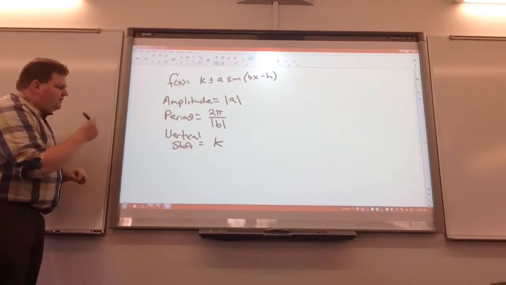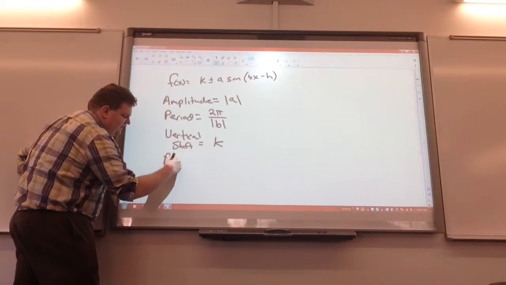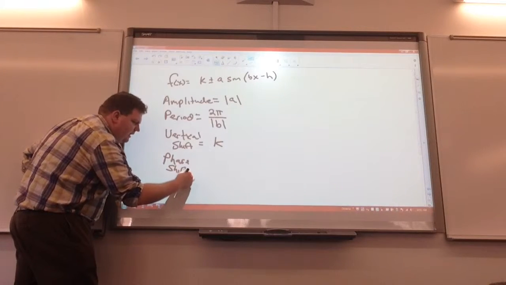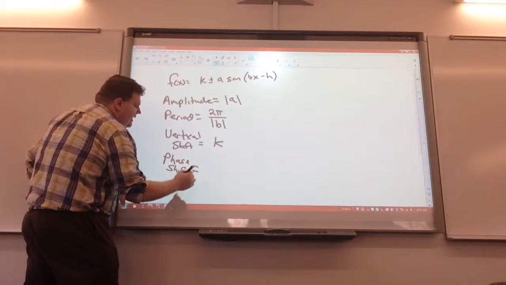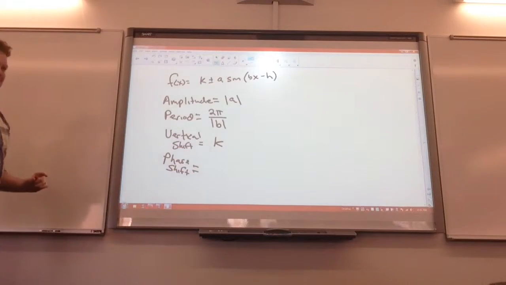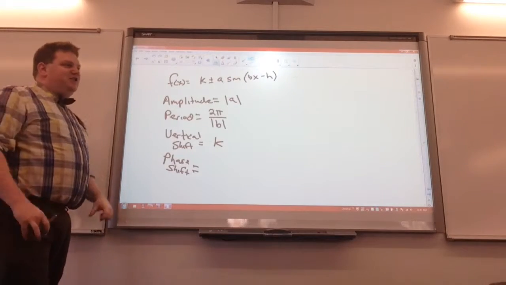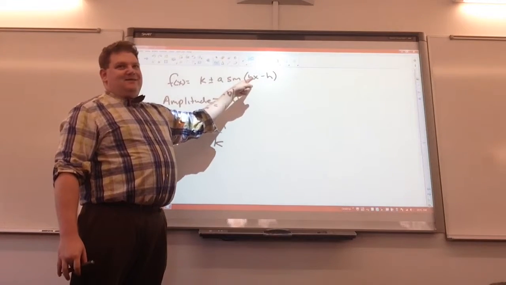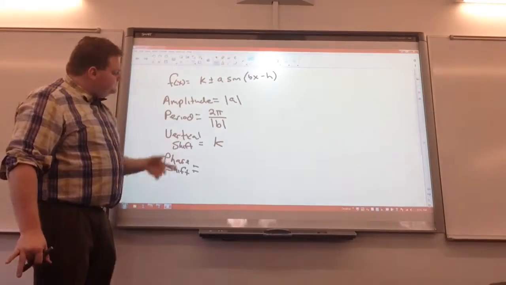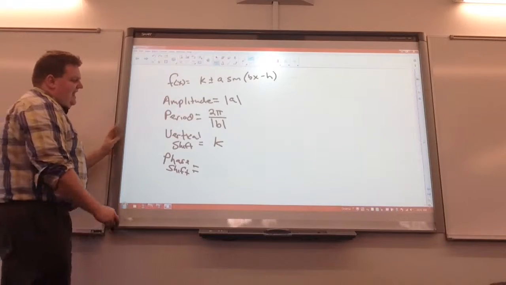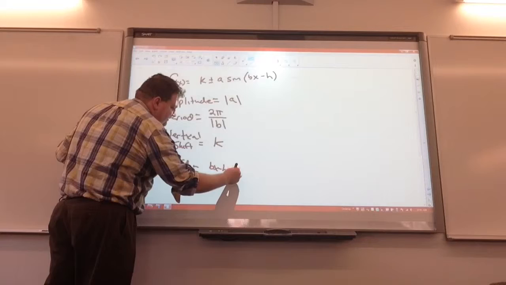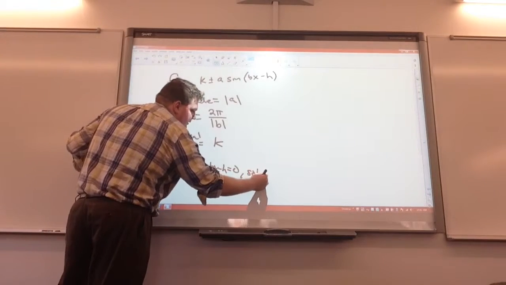All right. Last one is this thing called the phase shift, which is the same thing as a horizontal shift. Basically, they work the same way. It tends to be like, oh, it's whatever h is. It's not quite though. Why would it not quite just be h? There's that b in the way. So the phase shift is you would set bx minus h equal to 0 and solve.